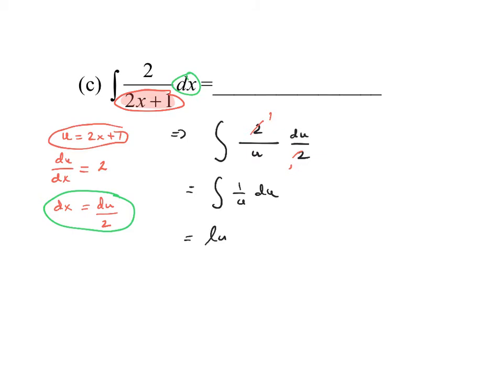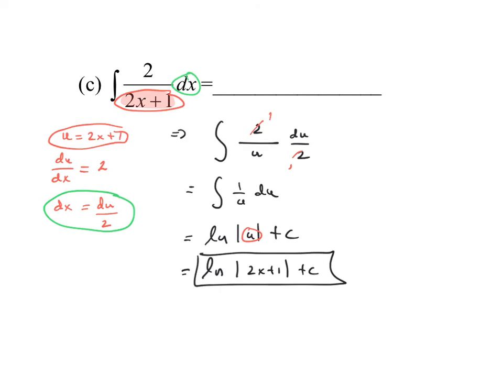Well, that's the natural log of the absolute value of u plus c, so the last step is back substituting for u. This is going to be the natural log of the absolute value of 2x plus 1 plus c as our final answer.